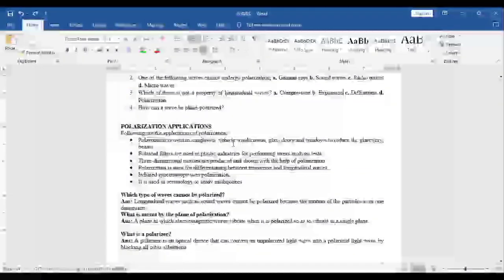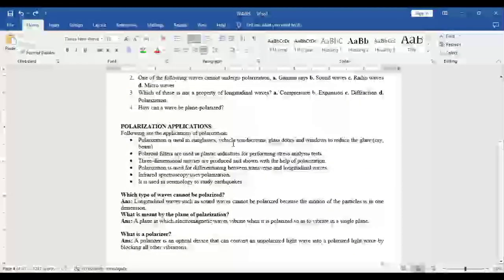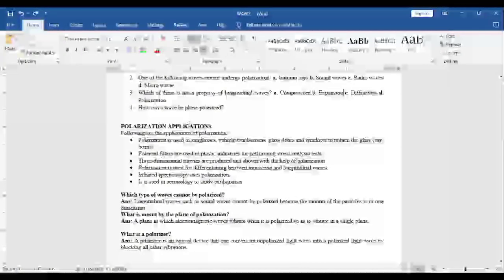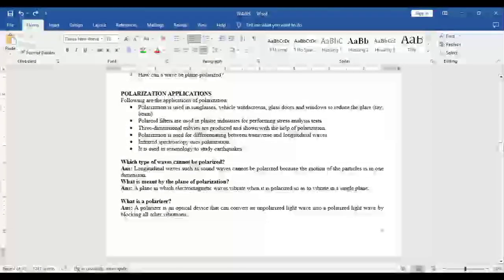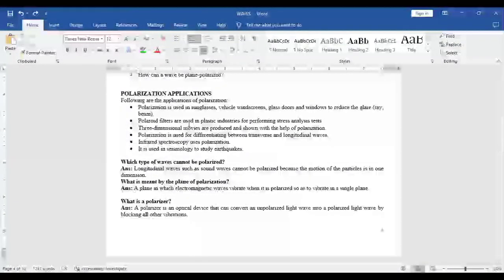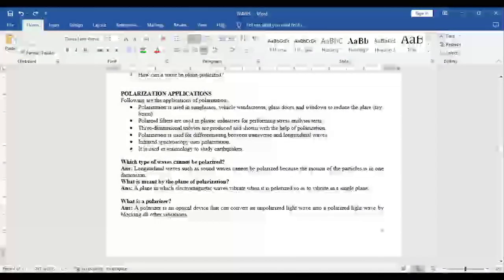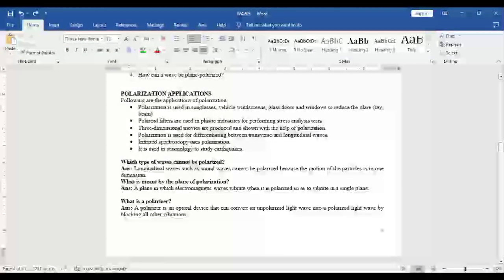Okay, let's go to the next item, which we have here: polarization and its applications. Uses. We don't call it applications, we call it uses of polaroids.